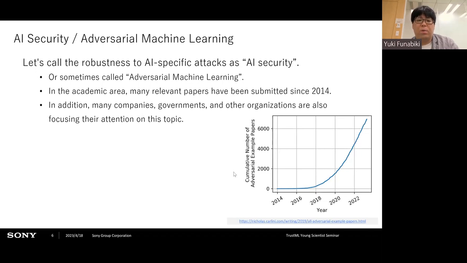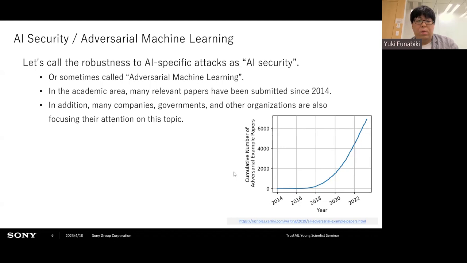Of course, several companies and organizations have also released AI security guidelines and AI privacy guidelines, and I believe this topic will remain hot for the next 5 or 10 years.